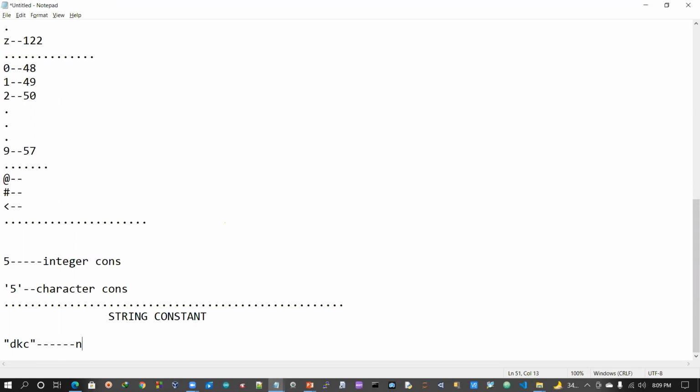This is not a character. But what is this one? But a string. Remember, it is a group of 4 characters. What is the confusion? You tell me. It is a group of the 4 characters, but I only mentioned 3.